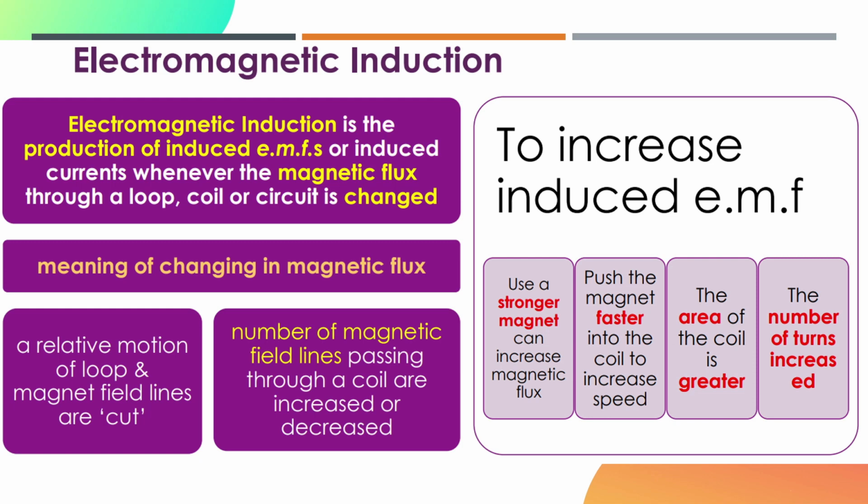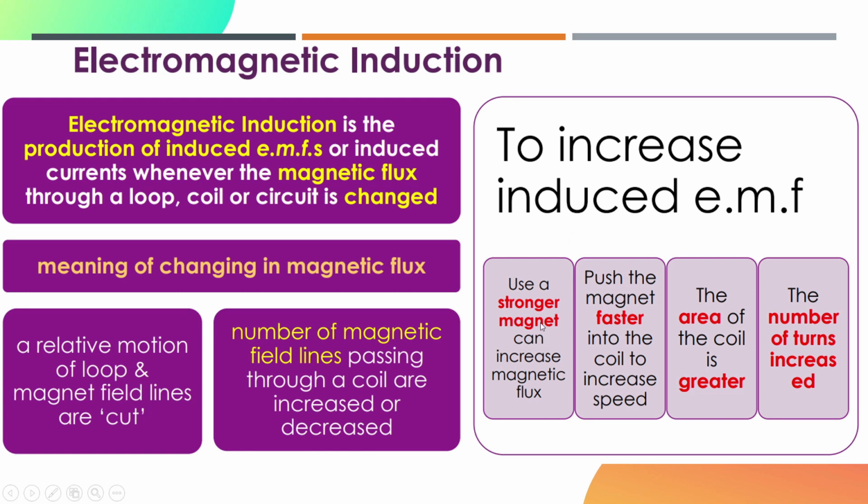So bila ada perubahan magnetic field lines yang lalu coil tersebut, it means that there is a change in the magnetic flux.